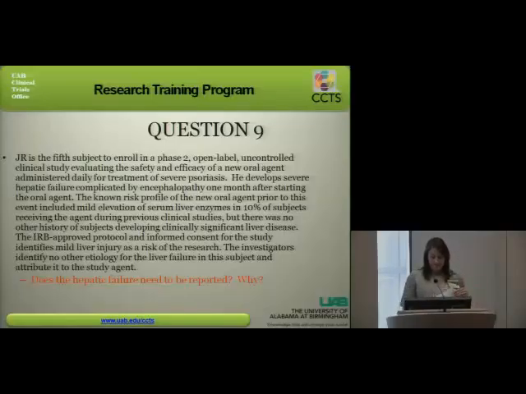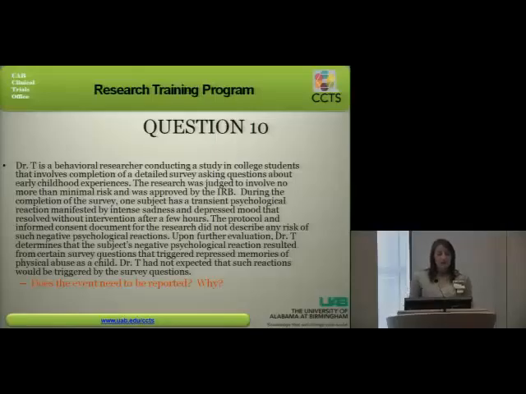And our last example question, Dr. T is a behavioral researcher conducting a study in college students that involves completion of a detailed survey asking questions about early childhood experiences. The research was judged to involve no more than minimal risk and was approved by the IRB. During the completion of the survey, one subject has a transient psychological reaction manifested by intense sadness and depressed mood that resolved without intervention after a few hours.